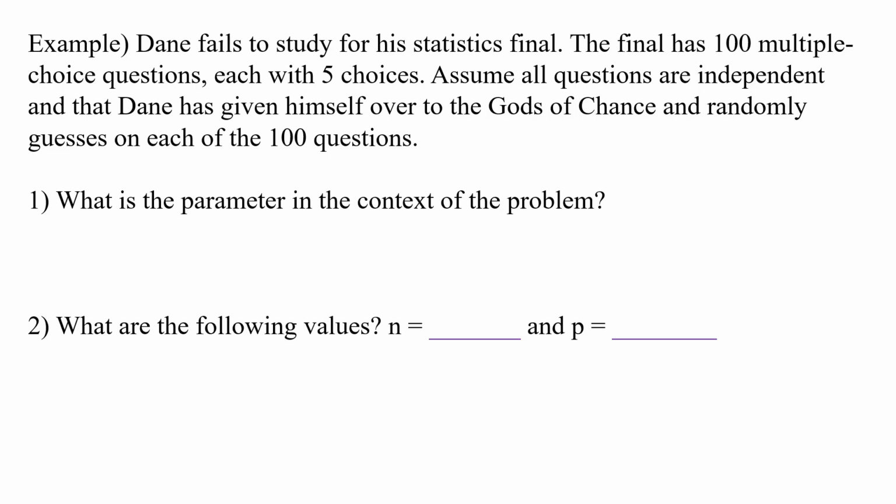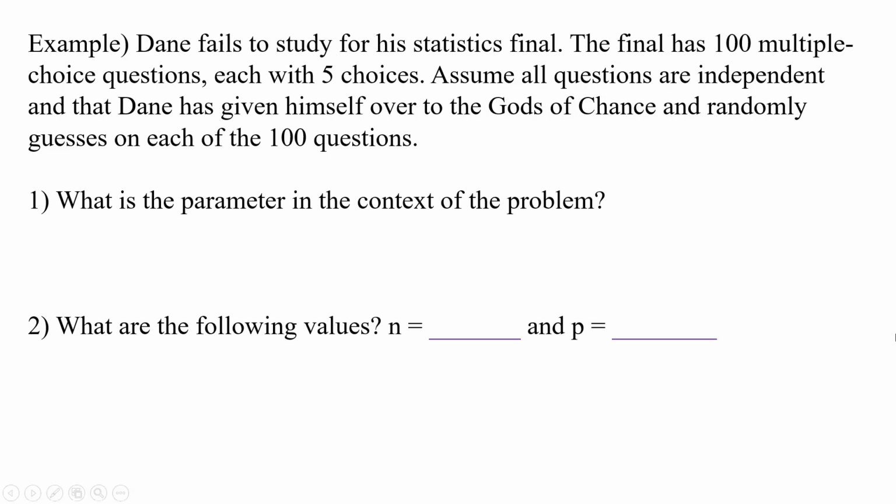We're going to assume all questions are independent and that Dane has given himself over to the gods of chance and randomly guesses on each of the 100 questions. So Dane says, you know what, I didn't study, I'm not even going to look at the questions, I'm just randomly going to guess for every single question, and I'm going to do it independently of the next, okay?